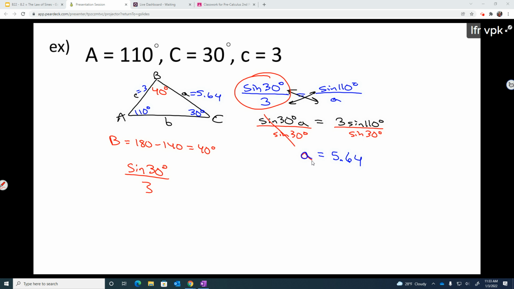It's easier than using the new one we found because the new one with the A's would have a decimal, and the decimal's rounded, so I'd rather not use that. Sine of 30 over 3 equals sine of big B, which is 40, over little b.